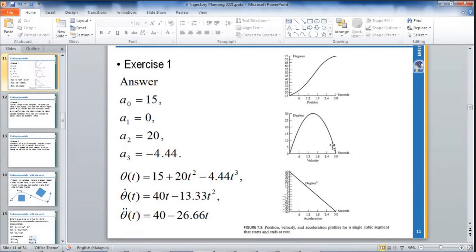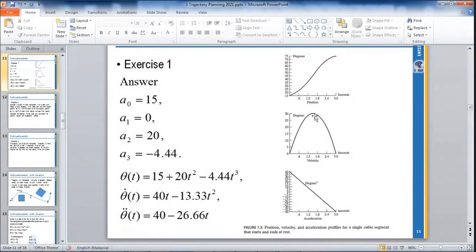At the final point or end of the position of your robotic arm, the value of velocity goes back to 0 because your robotic arm has already stopped. So you know that at the start there is 0 velocity and at the final position also 0 velocity.